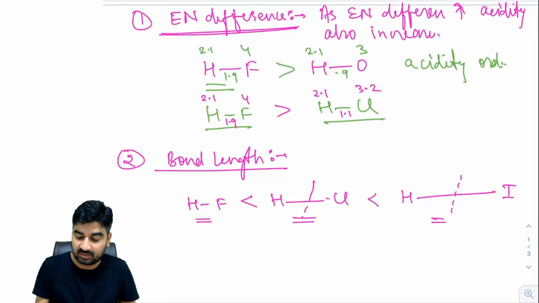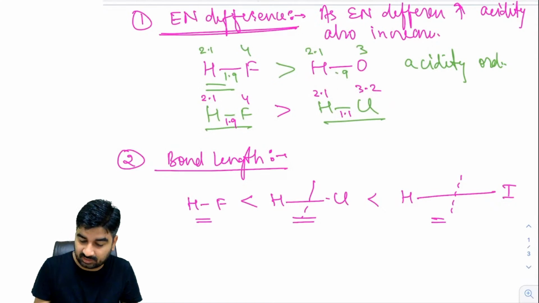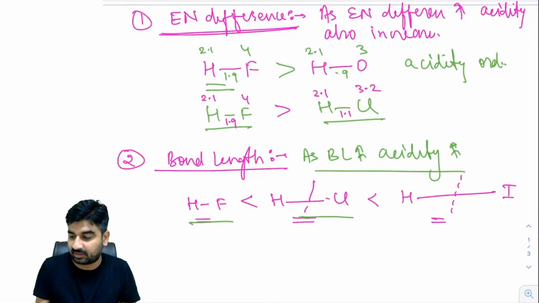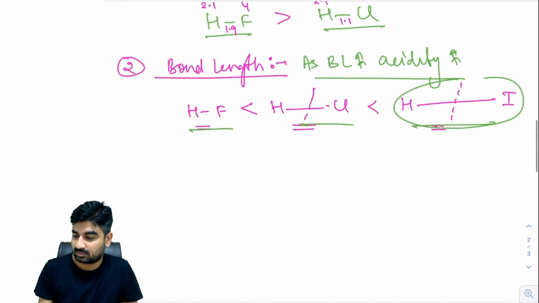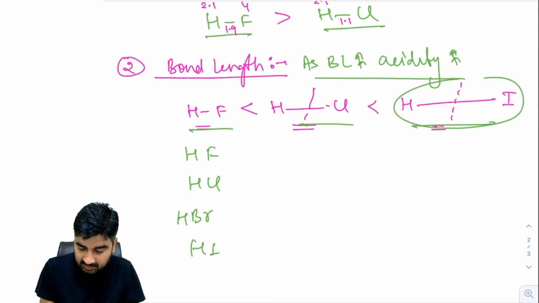So you can write as bond length increases, acidity increases. Bond length of HI will be most. So if I arrange them, HF, HCl, HBr and HI, the acidity order will be this.